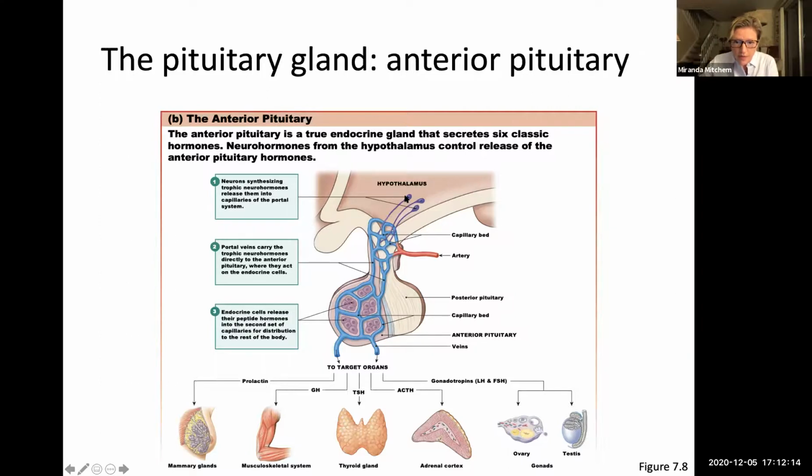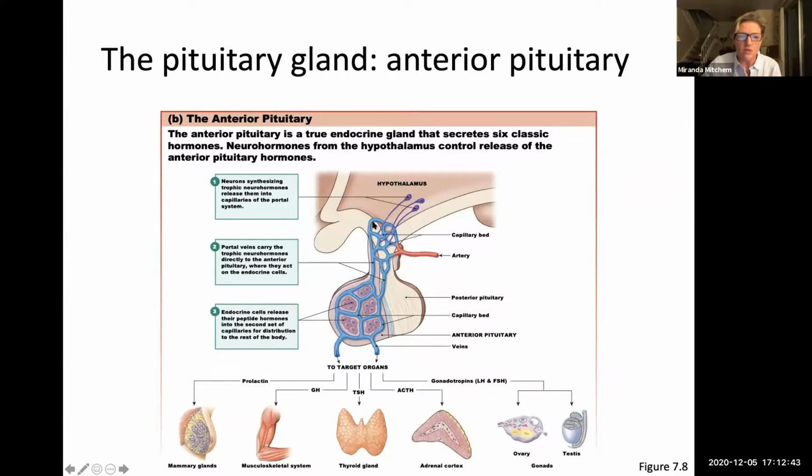So here we have our hypothalamus synthesizing neurohormones, and they travel through a portal system, just like we've learned before, 2 different capillary beds that are connected through blood vessels. So here's one capillary bed, and then here's the second.